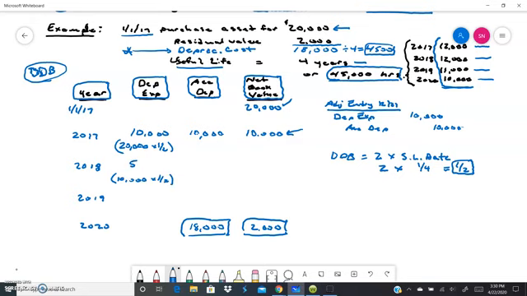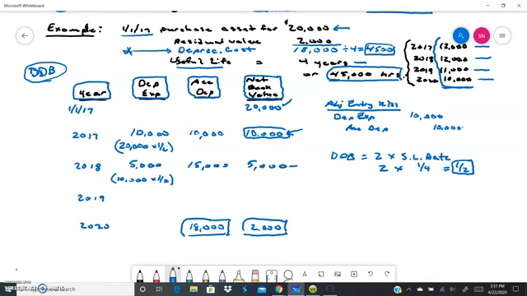So here we're going to be depreciating 5,000. Our entry would be debit depreciation expense 5,000, credit accumulated depreciation 5,000. So here we'd have 15,000 of accumulated depreciation, 15 from 20, so we'd have a net book value of 5,000.